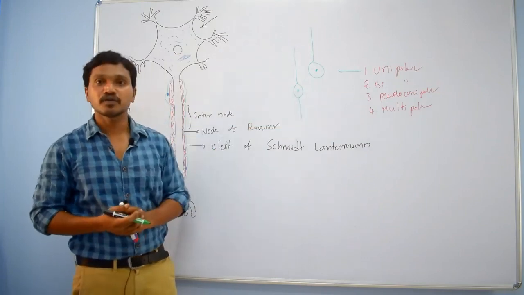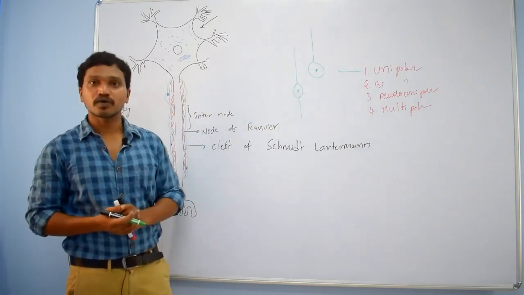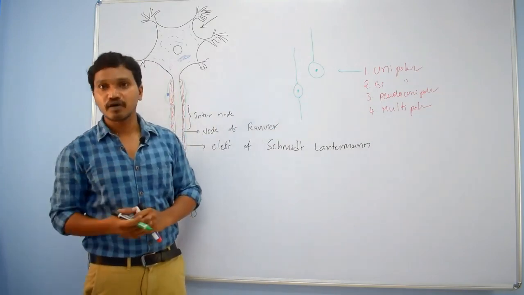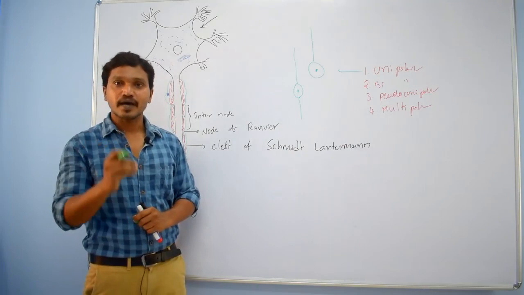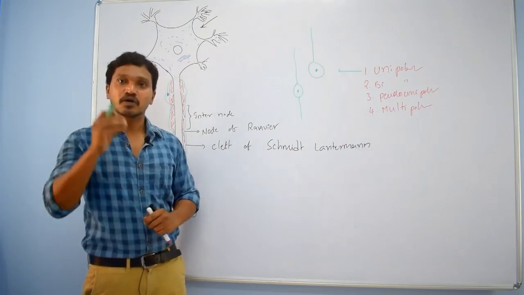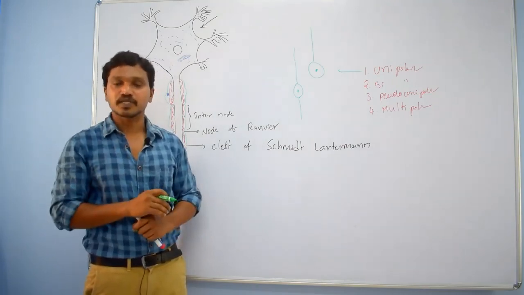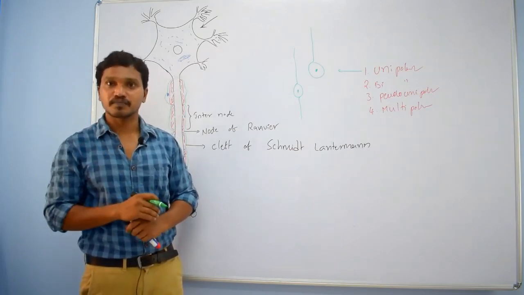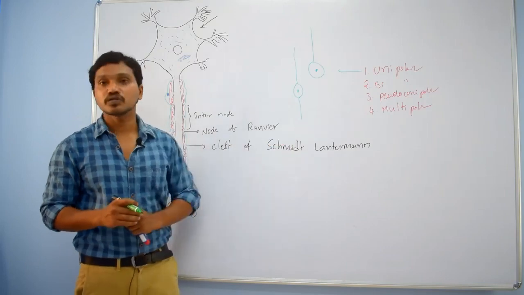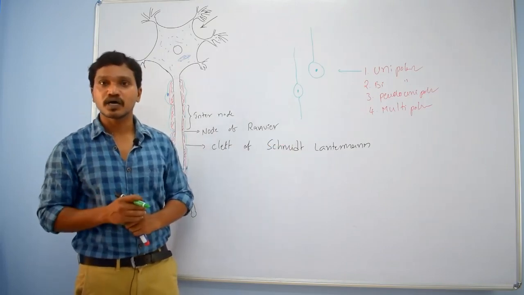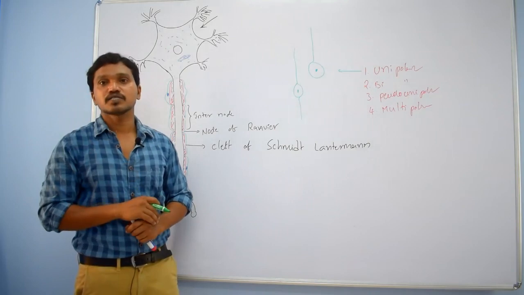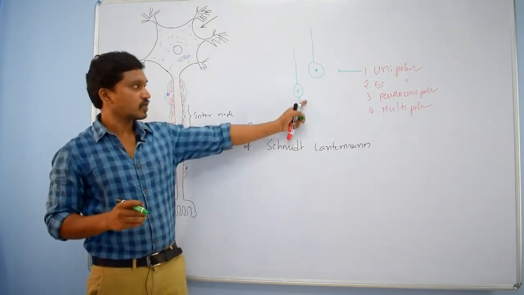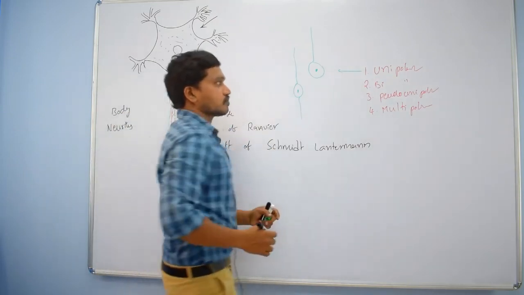So this type of cells, we call bipolar cells. And where can you find them? You can find them in the spiral ganglion of the inner ear. That means the spiral ganglion which is present in the modiolus of the inner ear. And one more example is the vestibular ganglion which is present in the internal acoustic meatus. Clear? So that is about bipolar.